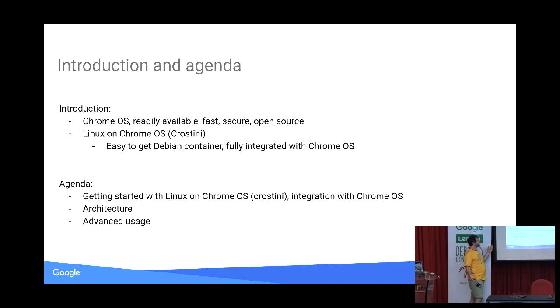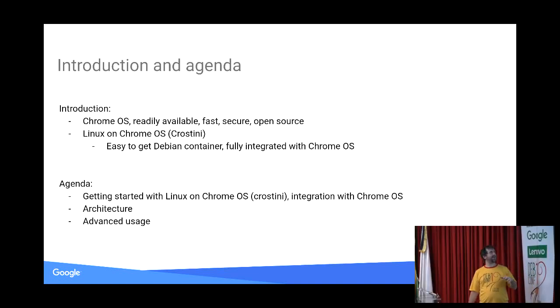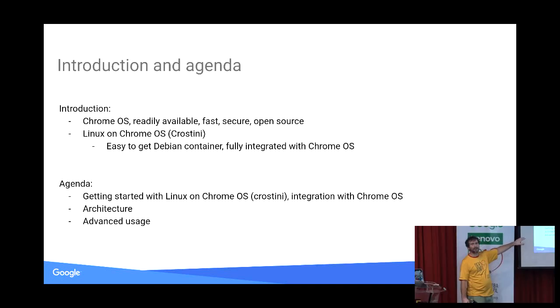So let's see how it is. What we're going to do today is, first of all, go a bit into how it works and how it looks on Chrome OS, because most people here probably wouldn't have seen that. Then we go into a bit of architectural talk about how it is implemented, what security measures we took, and maybe some of these things can be applied outside and have actually been applied outside.